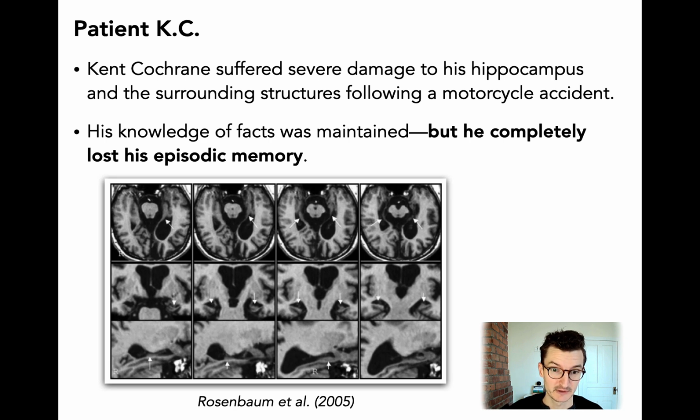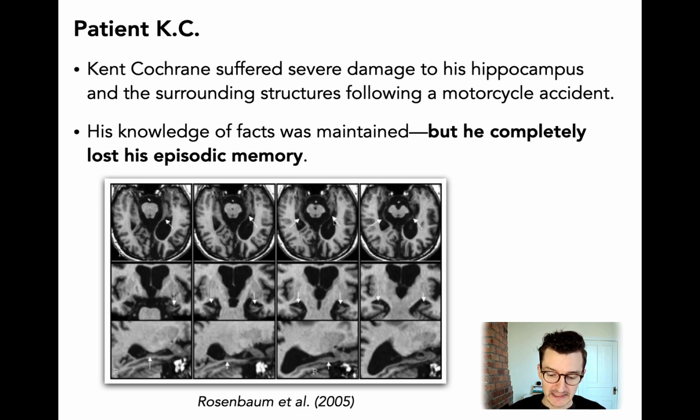And this MRI image here simply shows where in Kent Cochrane's brain the damage was. I guess the arrows are sort of pointing to it. Medial temporal lobe, so medial, in the middle of the temporal lobes.